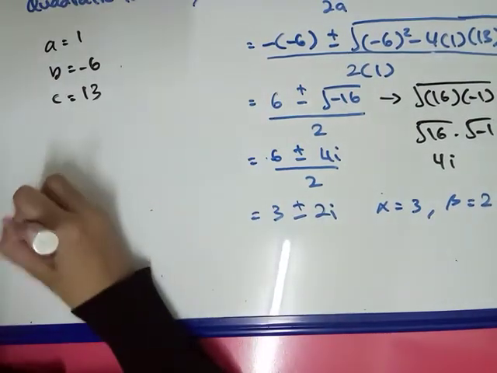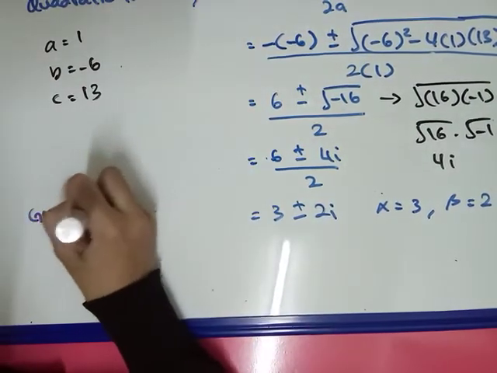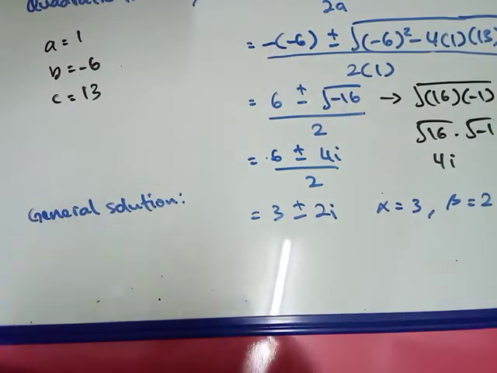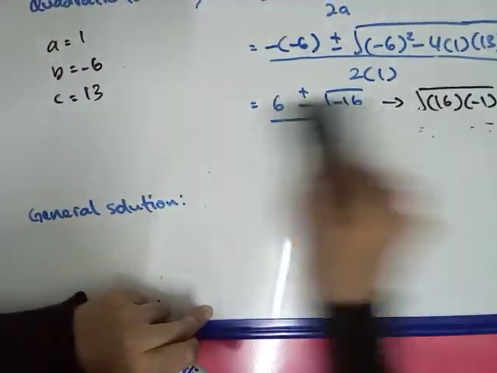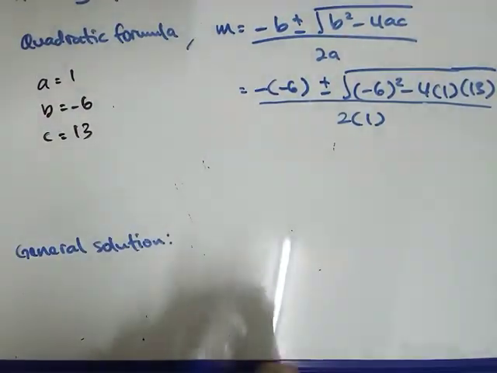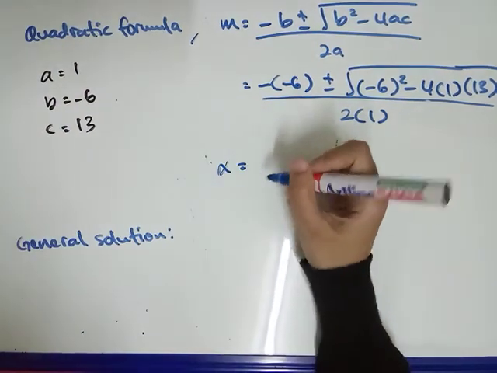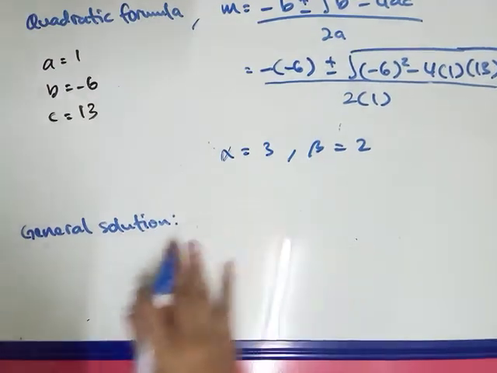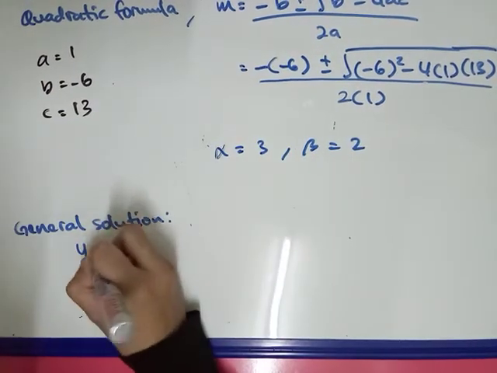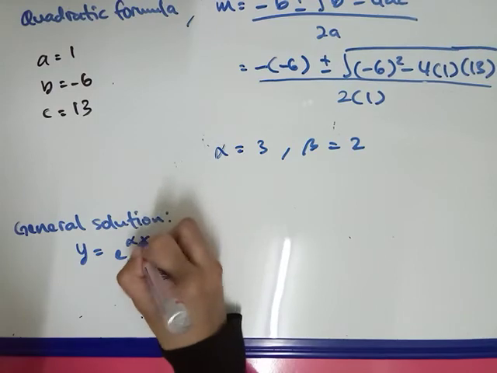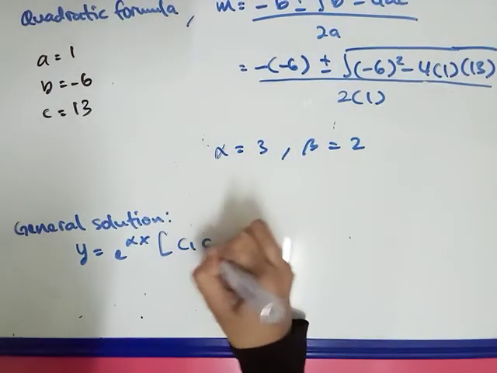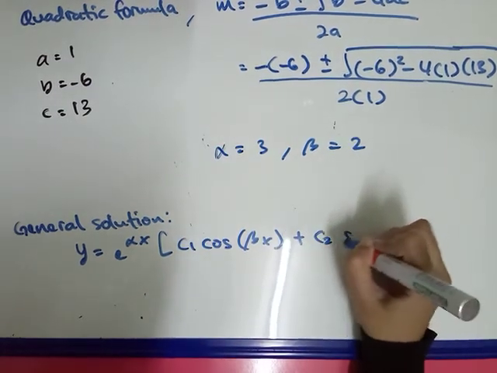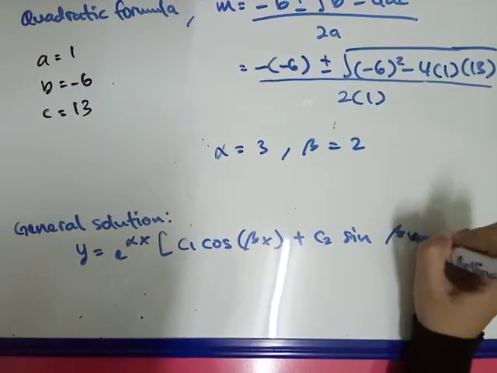Okay, general solution. Okay, ini saya padam lah. So, tadi alpha is 3 and beta is 2. So, the general solution, okay, y equals to exponent alpha x times with c1 cos beta x plus c2 sin beta x.